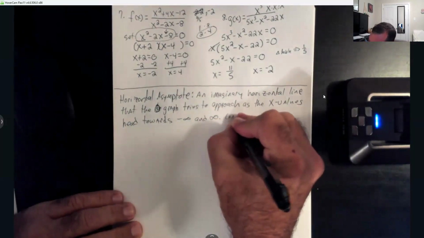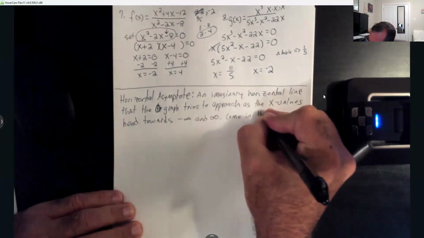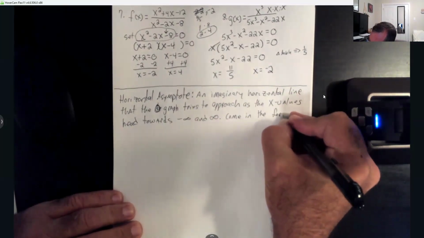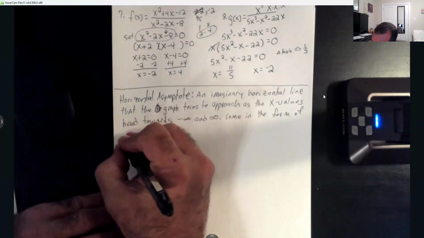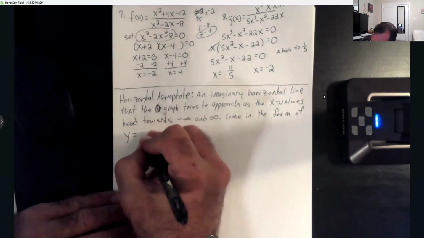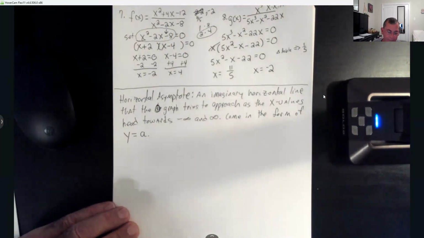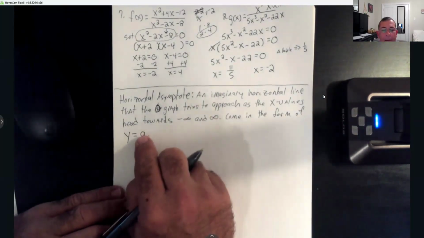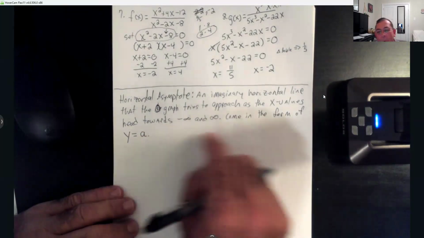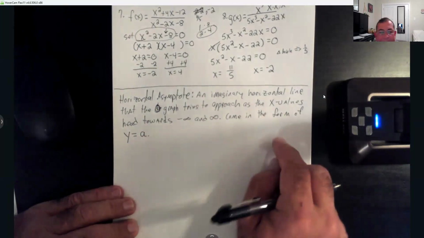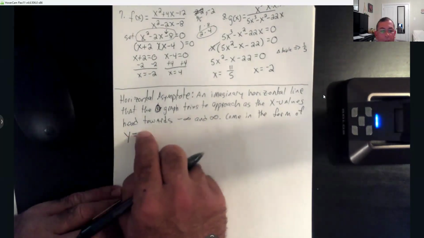They come in the form of y equals some number. Like the one I just showed you, it was trying to get to the x-axis, so this would be y equals 0.